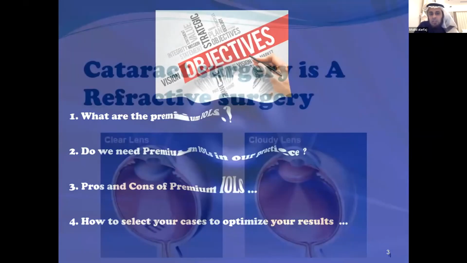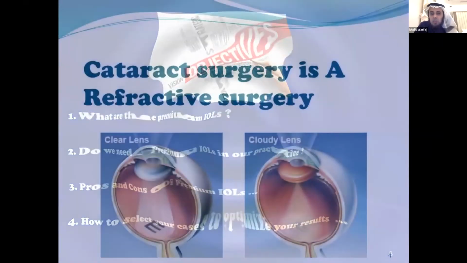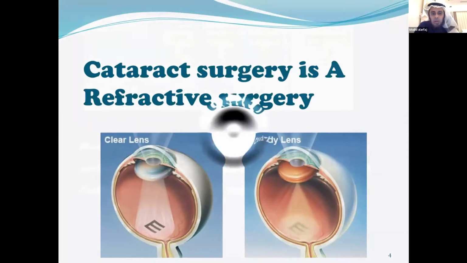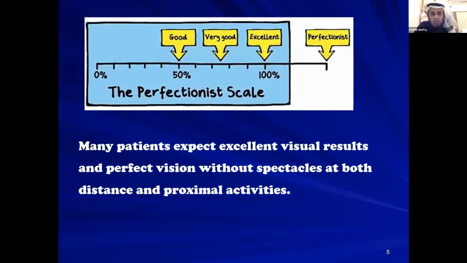Nowadays, we know cataract surgery is a refractive surgery. Many times we are doing refractive lens exchange, and nowadays it has replaced some of the corneal refractive surgeries. So this important information optimizes our knowledge.